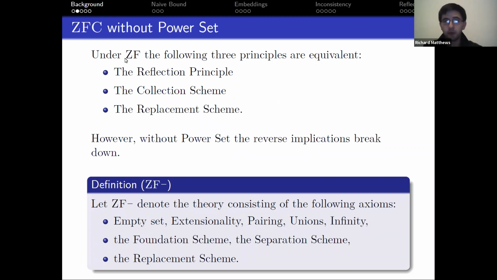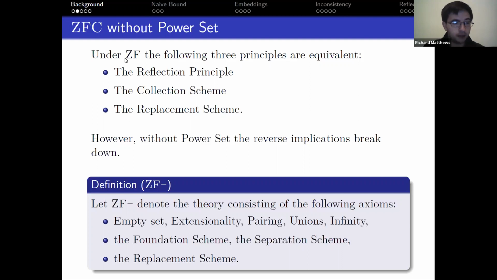So without power set, these create three different theories, and we're going to treat them all as separate theories. I'm going to let ZF minus, with the minus in the middle, be the theory consisting of the following axioms: empty set, extensionality, pairing, union, and infinity, stated in the standard way, foundation and separation, and then the replacement scheme.